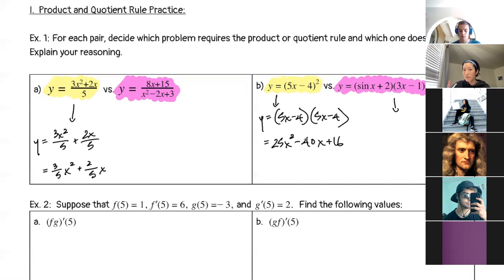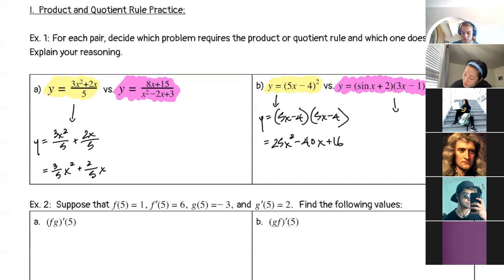What specifically makes the pink one the one we think we have to use product rule for? Yeah, different things being multiplied.